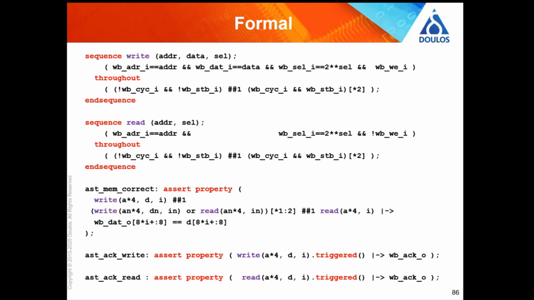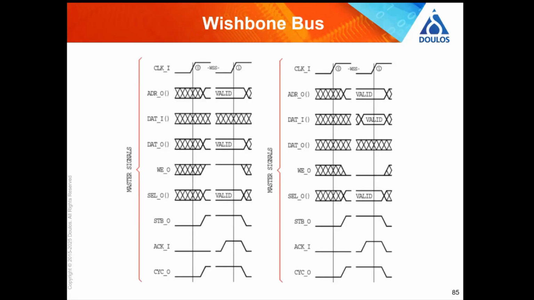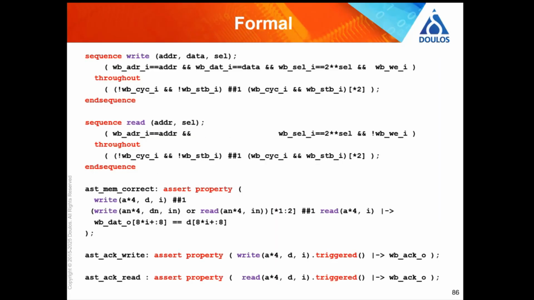So what we're saying is, if we do a write, followed by a write or a read to a different address, because we've said that A and AN must be different, and we do one or two of those, and then we do a read from the original address, then the data should be the data that we wrote. I can't go into detail of the syntax, but that's what that's saying.